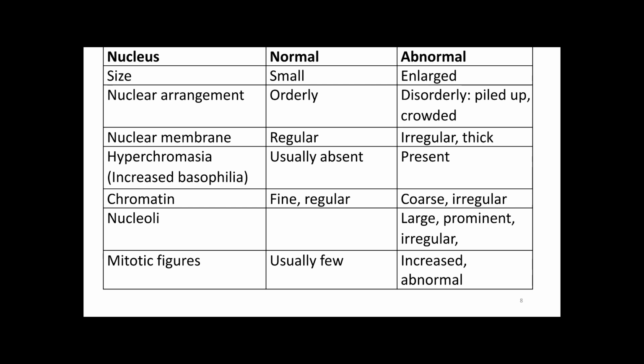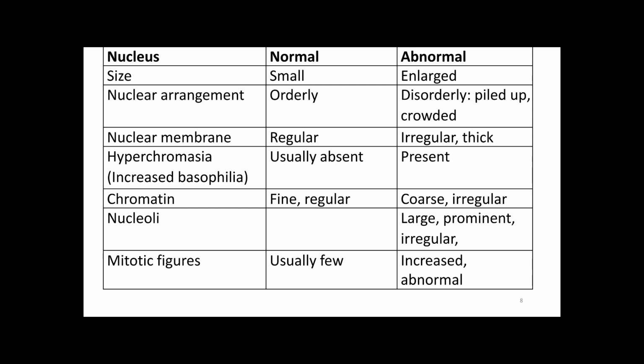When we consider the color of the nucleus, we call it hypochromasia. In normal cells we cannot see hypochromasia, but in abnormal cells the color increases, the basophilia, right? Why is it increased?